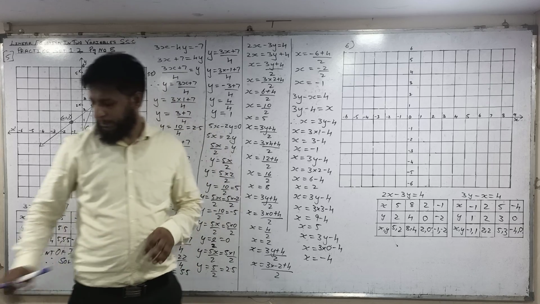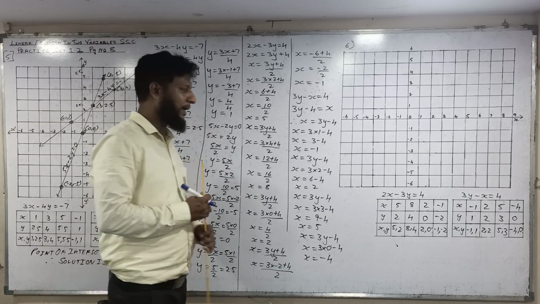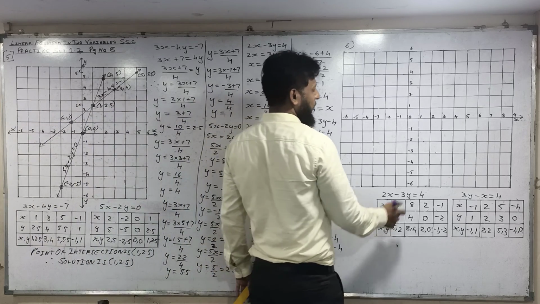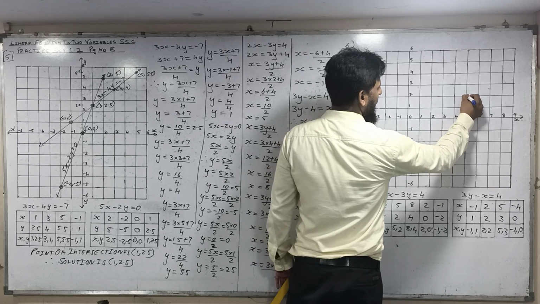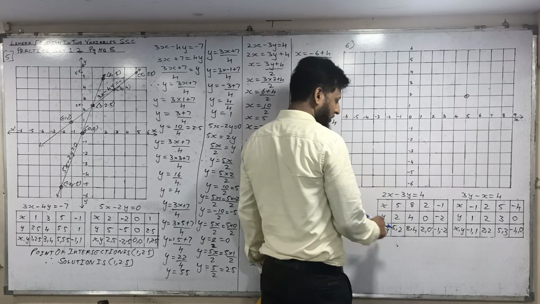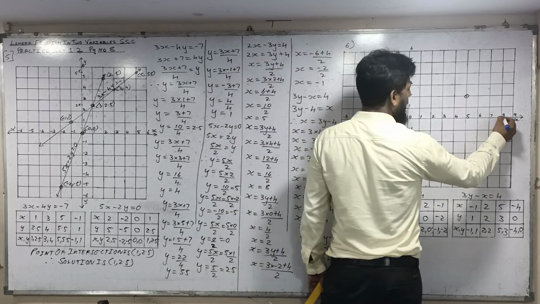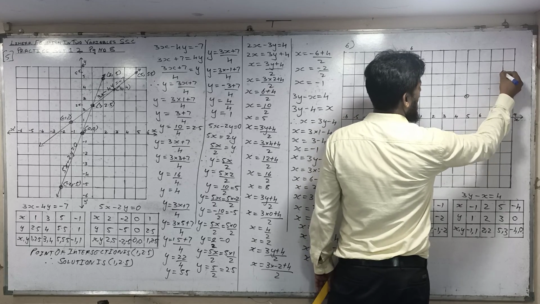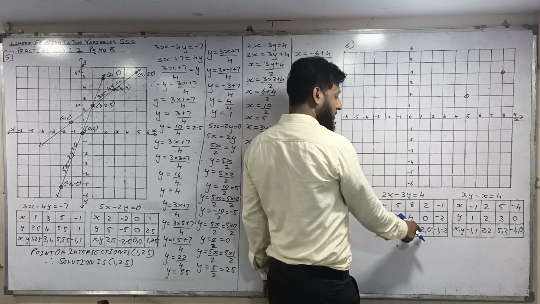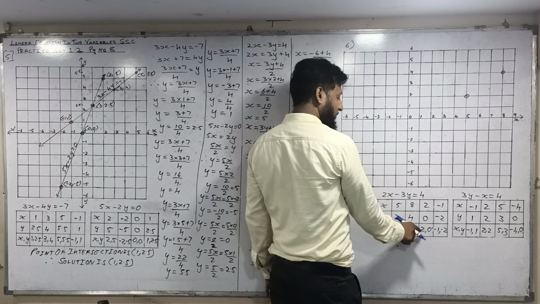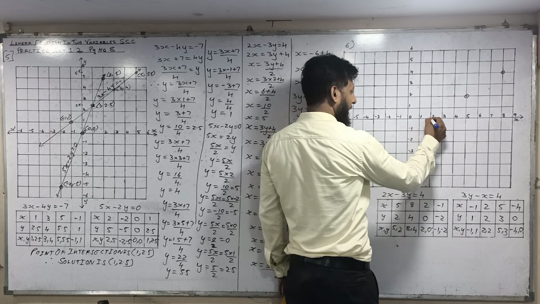Now first we'll plot the points and draw the line. Plot x value 5, y value 2. Then x value 8, y value 4. Then x value 2, y value 0, so this point comes directly on the x axis.